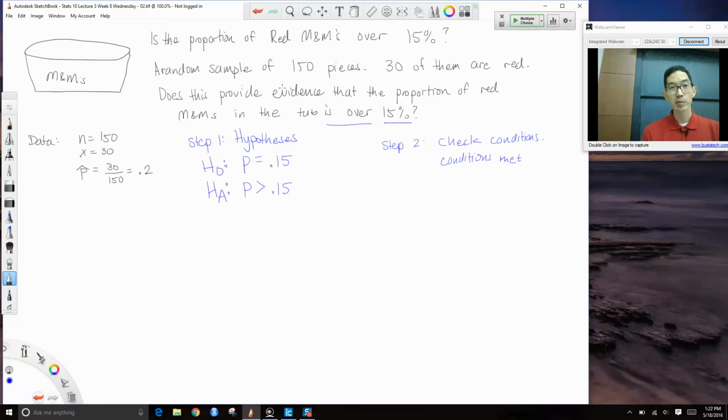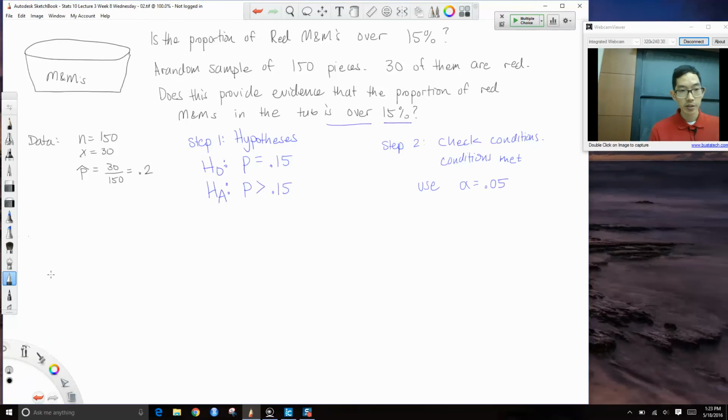It's a random sample. 150 times 0.15 is over 10. 150 times 0.85 is over 10. And if we assume this is a large tub with over 1,500 pieces of candy, all those conditions are met, okay? Nothing is specified about the significance level, so we'll assume alpha is 0.05, okay?